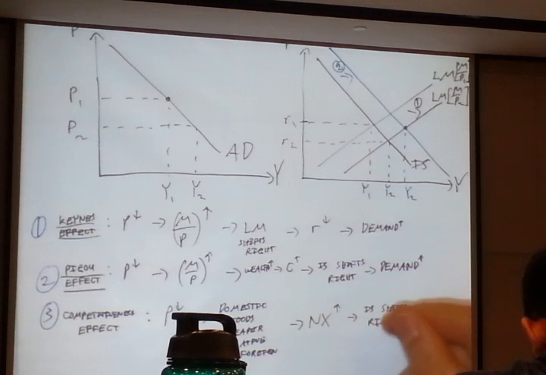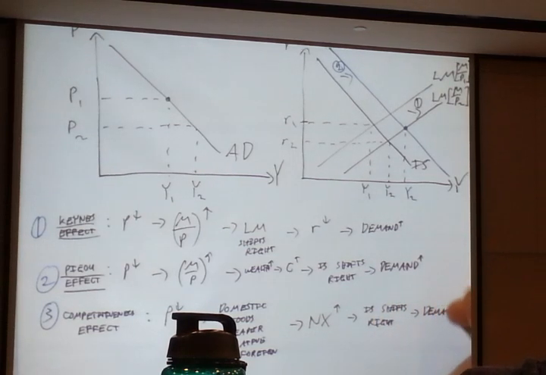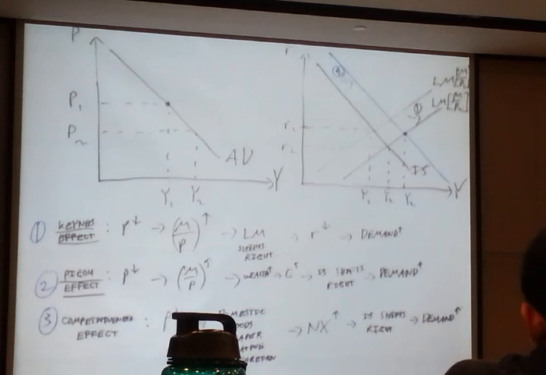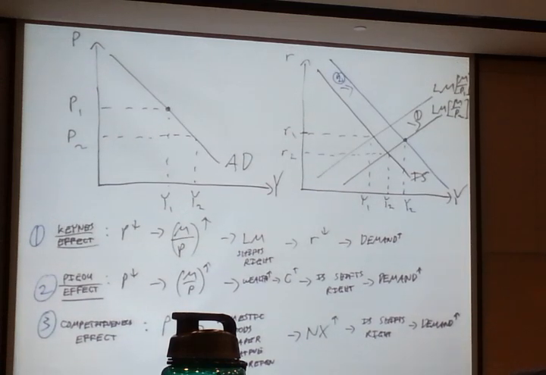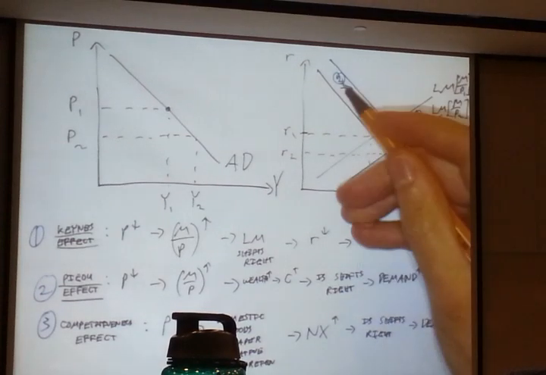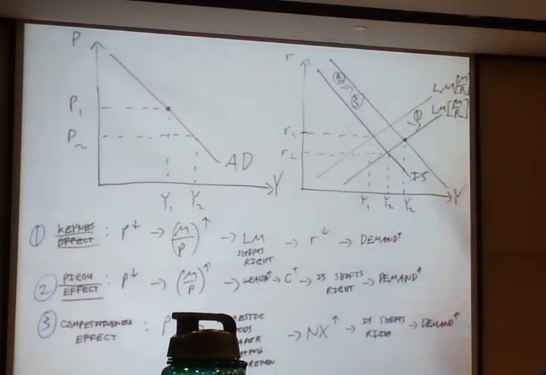That means demand goes up. So this rightward shift of the IS curve here, that's also effect number 3 as well, or at least you get, I guess, in principle, 2 shifts of the IS curve. Let's put them together as 2 and 3 here.